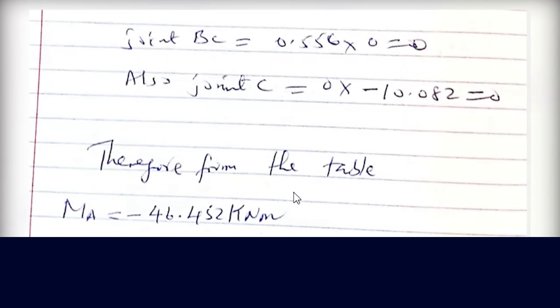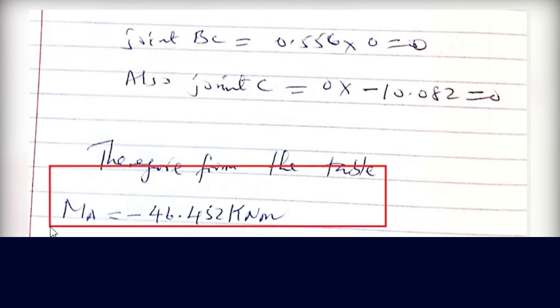Now upon arithmetic, as we said, the joint A value is about negative 46.42 kilonewton per meter, and the joint B is about that one.